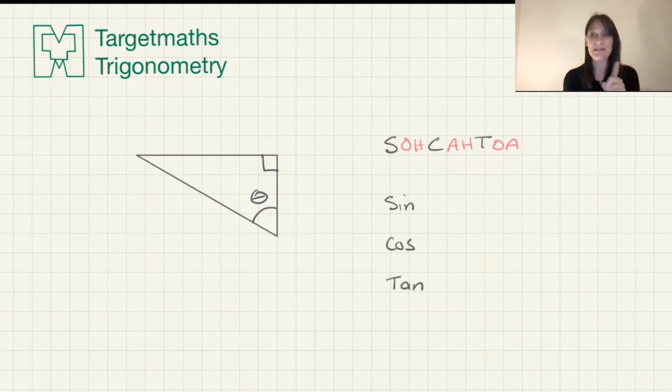So you've got those buttons on your calculator, and those are kind of linked to the angles. So the S, C, and T in SOHCAHTOA is sine, cos, and tan on your calculator, and it also includes the angle. So let's just talk about the angle.